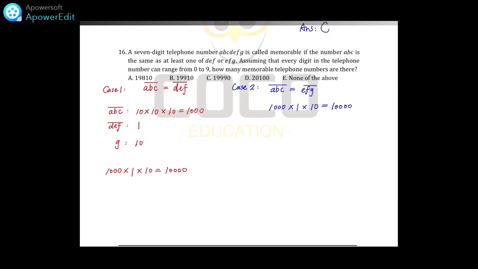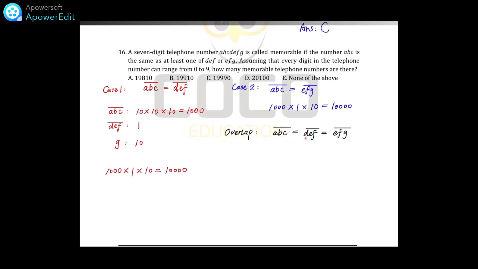Now we have to check for overlap. The overlap between case 1 and case 2 is when ABC equals DEF equals EFG at the same time. When this is the case, all 7 digits are the same.